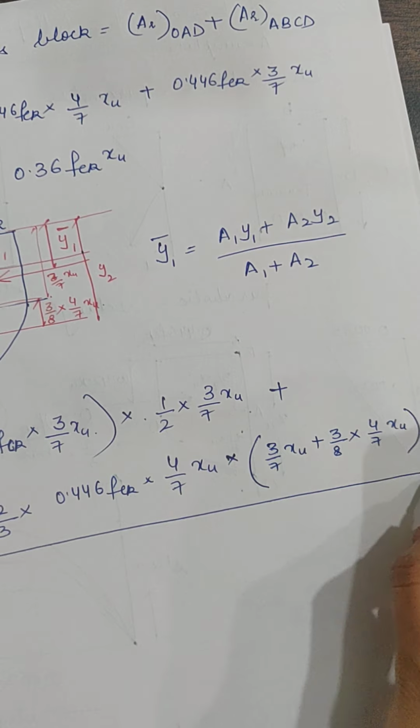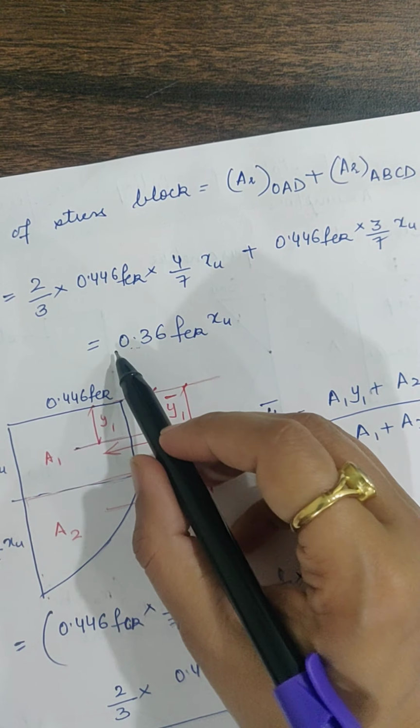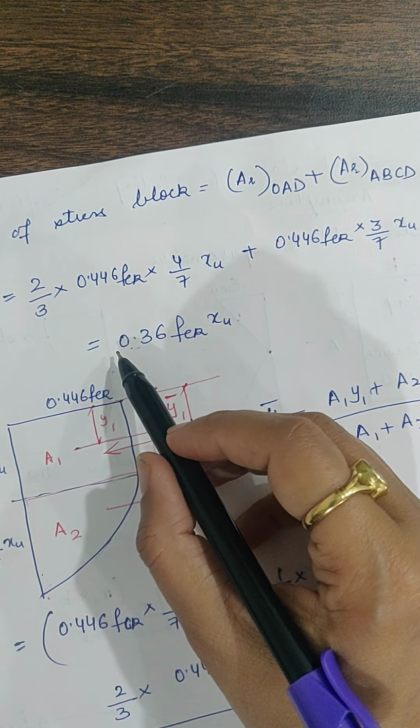Divided by the total area. Now in the previous one we have already calculated the total area to be 0.36 fck into Xu. So I will divide this system by 0.36 fck into Xu. Okay.